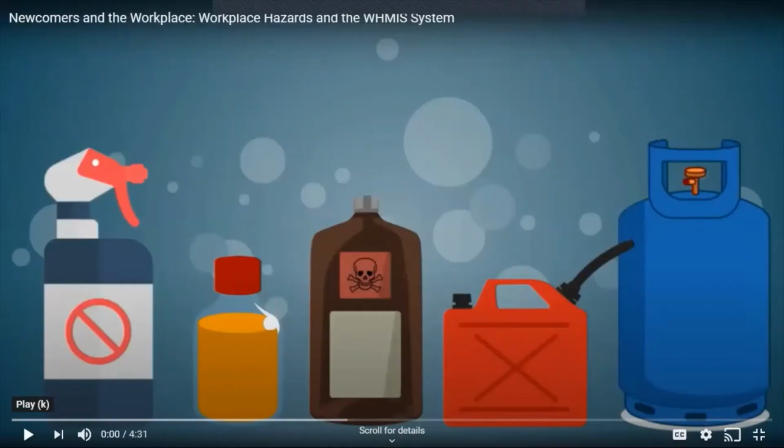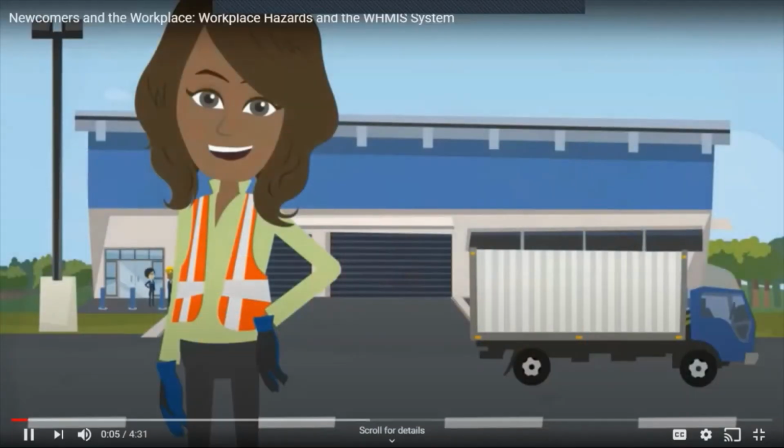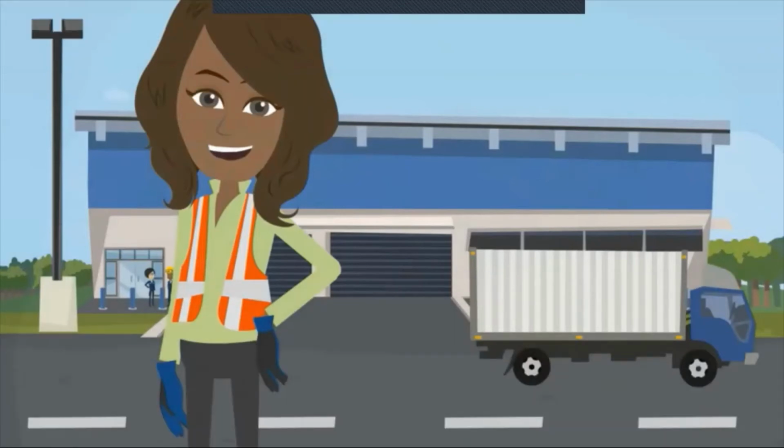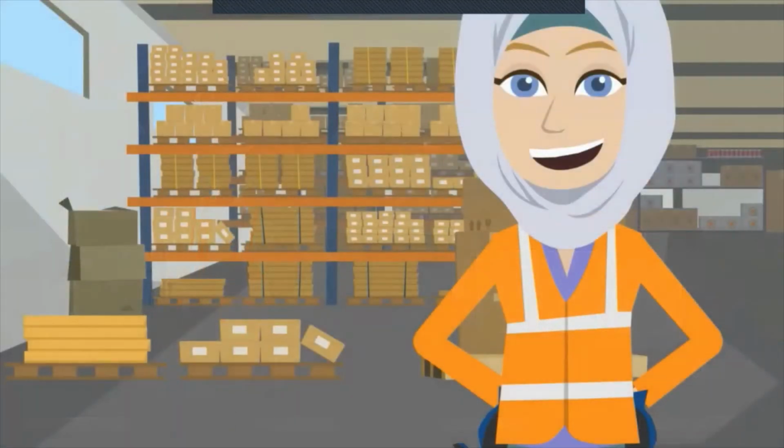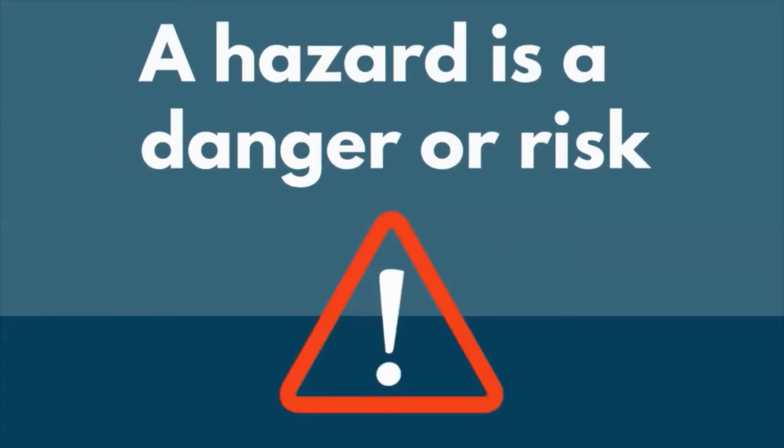Okay, so in some workplaces, there will be dangerous products. In Canada, your employer must teach you about any dangers at work. It is up to you to ask questions and make sure you understand the dangers at your job. A hazard is a danger or risk.